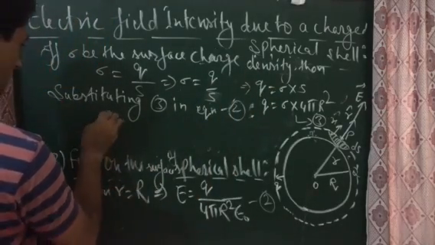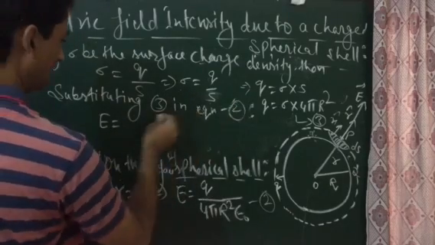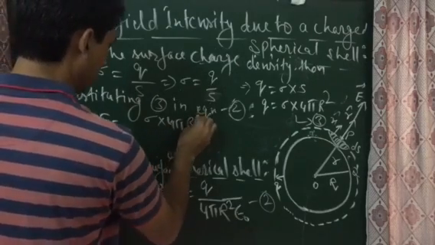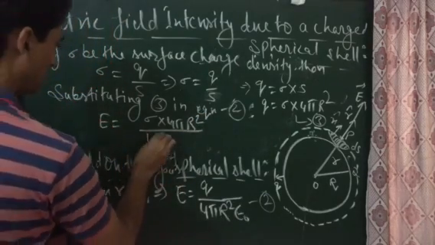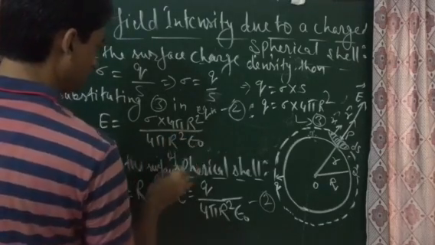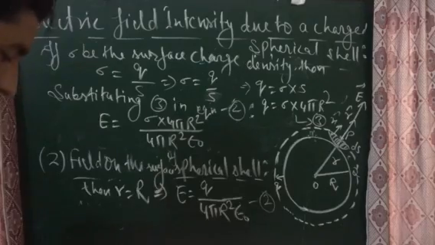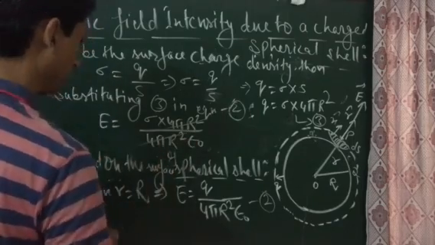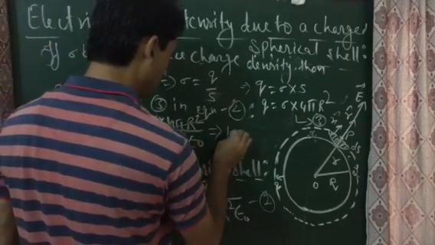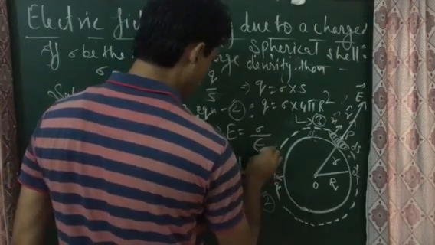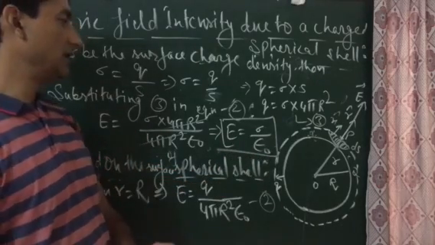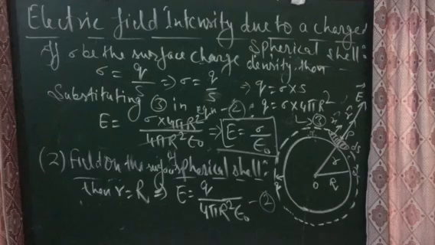Then E is equal to sigma into 4 pi r square upon 4 pi r square epsilon naught. सो जो कैंसिल आउट होने वाली टर्म्स हैं उनको कैंसिल कर देंगे. 4 pi r square cancels out with 4 pi r square, and E is equal to sigma upon epsilon naught.